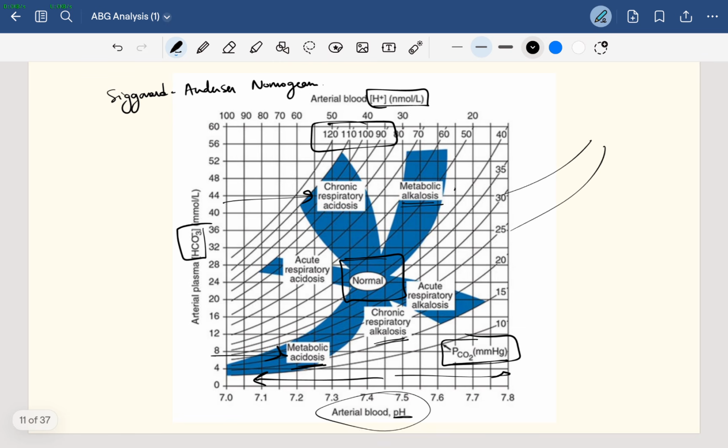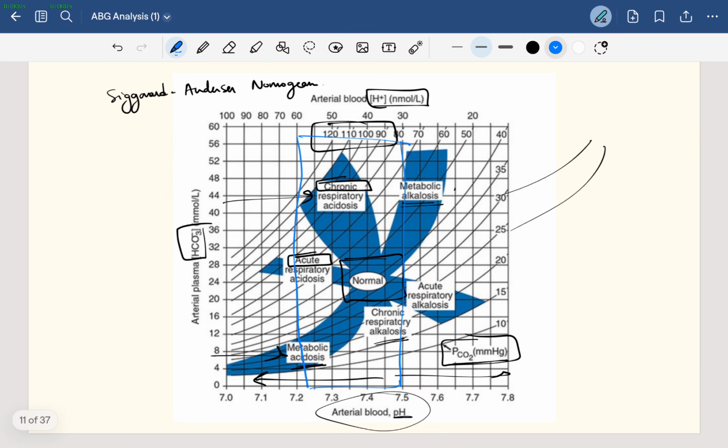But the problem arises when you look at these two terms, acute and chronic. So how do you know which one's which? If you look at this graph, I'll use a different color. The chronic respiratory conditions fall within a narrow range just outside the normal, because the body has had enough time to compensate for the change.